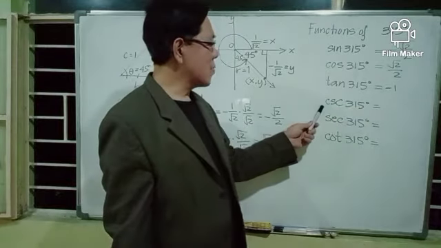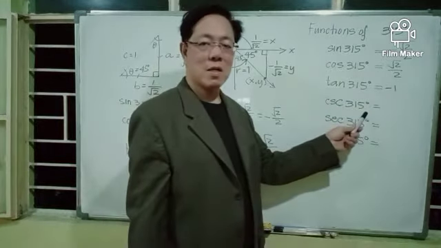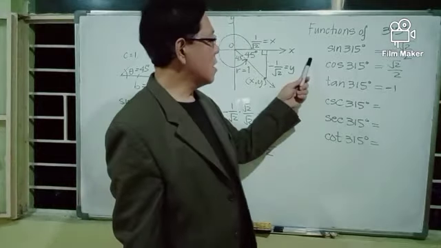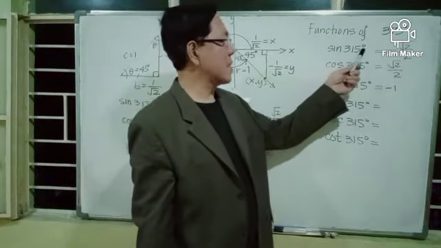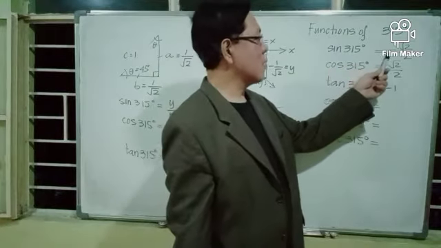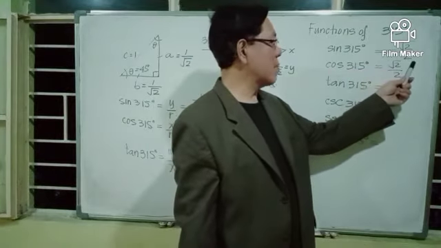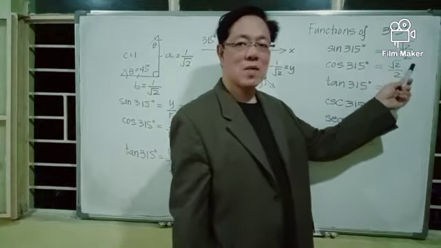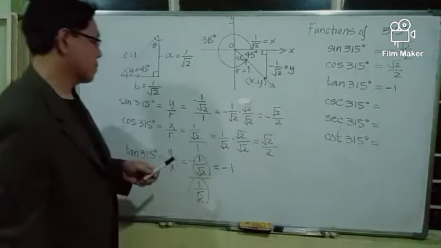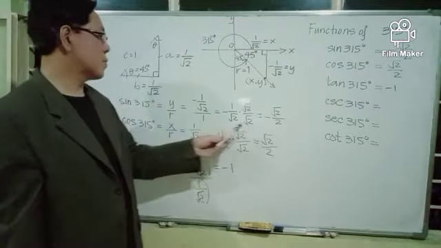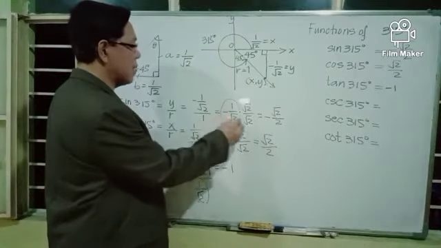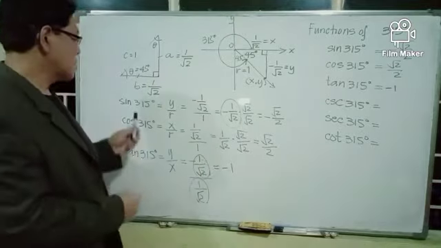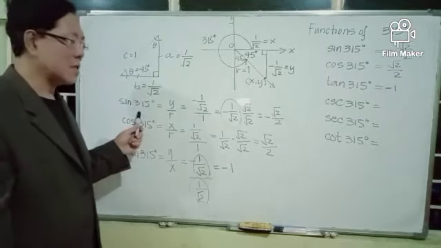The value of cosecant of 315 degrees is the reciprocal of the value of sine of 315 degrees, which is equal to negative square root of 2 divided by 2. But negative square root of 2 divided by 2 came from the original value of sine of 315 degrees.